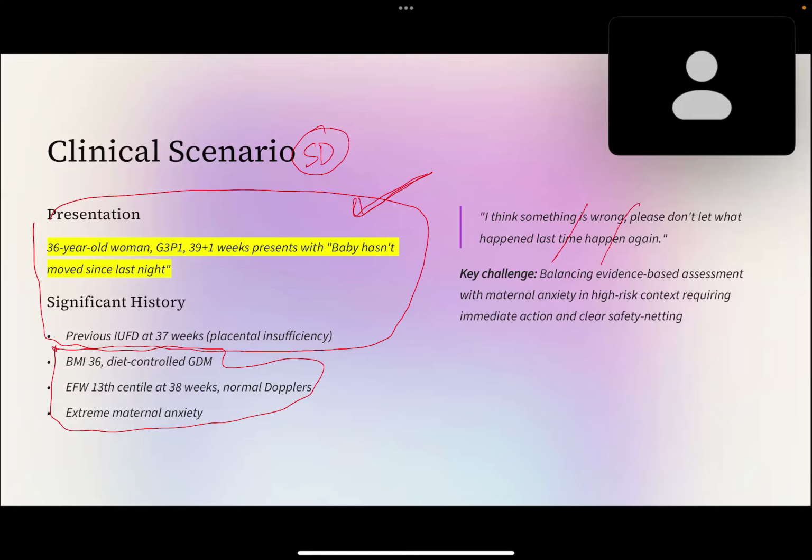I will ask her how many fetal movements she perceived during the last night, and is it the first time that she perceived reduced fetal movements, or has it been before as well? If before, what was done? Was there any diagnosis given?